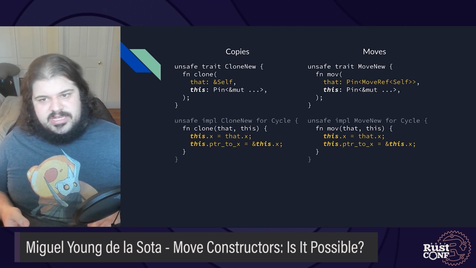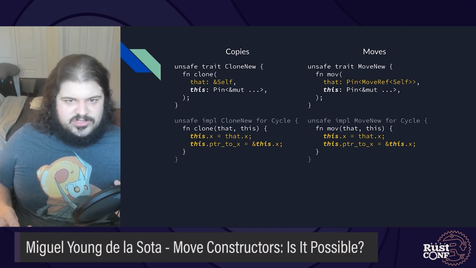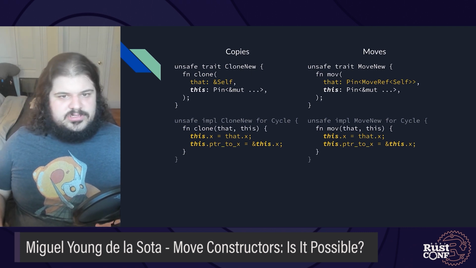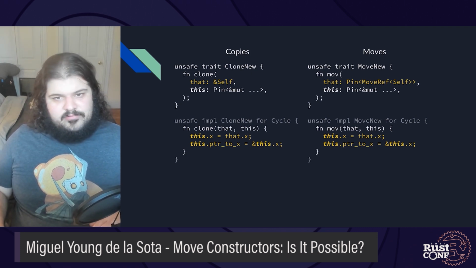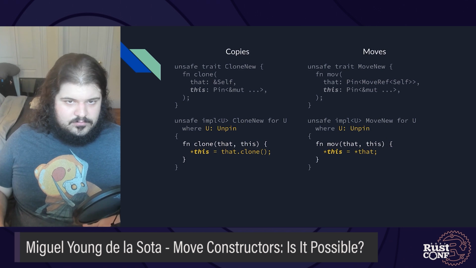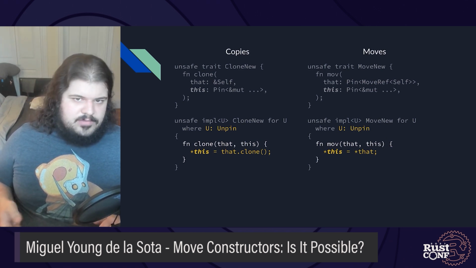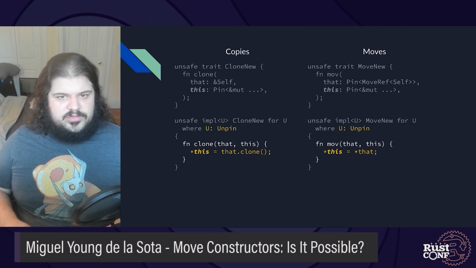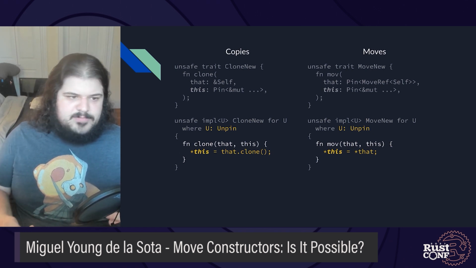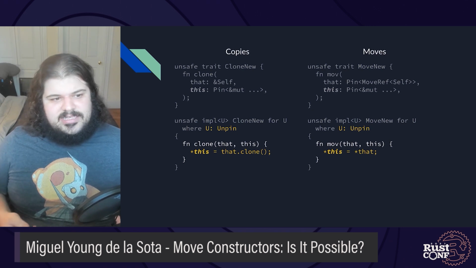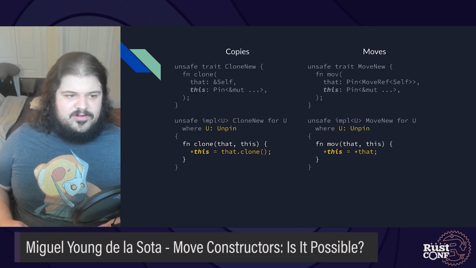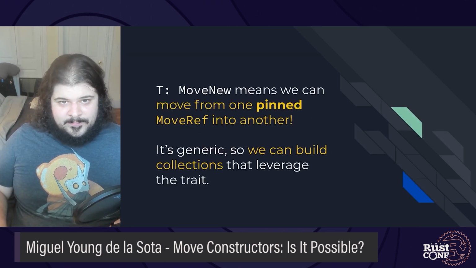However, they can also mutate the source to disable its destructor or properly move an owned resource. This is exactly what Rust's move semantics do. For vanilla types, that is, unpinned types, CloneNew and MoveNew are just the usual clones and moves. There's nothing special about them, and it shows that this concept actually reduces to something we've already encountered in Rust.